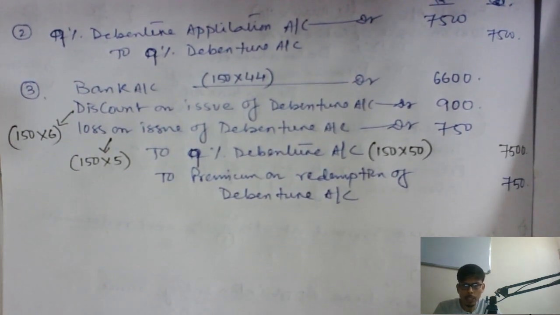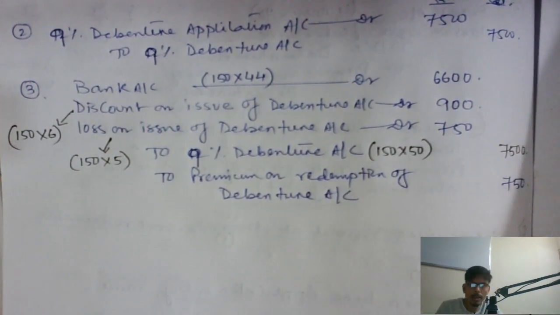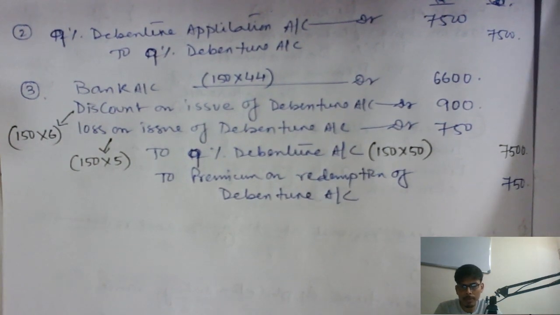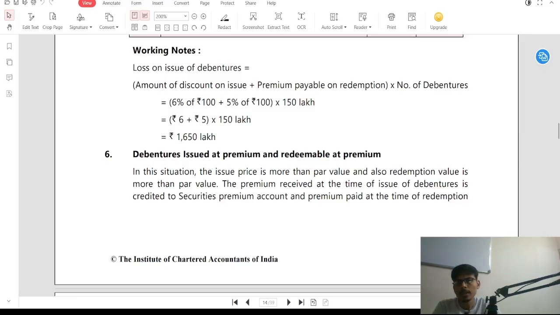So next topic is that debenture issue भी हुआ है प्रीमियम में and redemption भी हुआ है प्रीमियम में. So at the time of issue, it's a gain for me because I am receiving some of the premium amount. So it's a gain for me. But at the time of redemption, it's a loss to me. Okay, so can I write here?